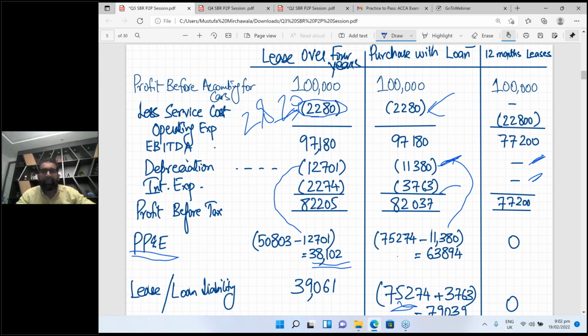Now wait, if we talk about EBITDA, if a company wants higher EBITDA, if there is a company whose performance is checked by the user using EBITDA, which option should they choose to increase the EBITDA? Definitely first or second. First and second option is very, very good for EBITDA. Okay, right?